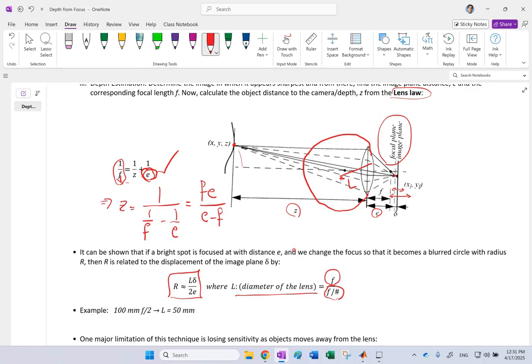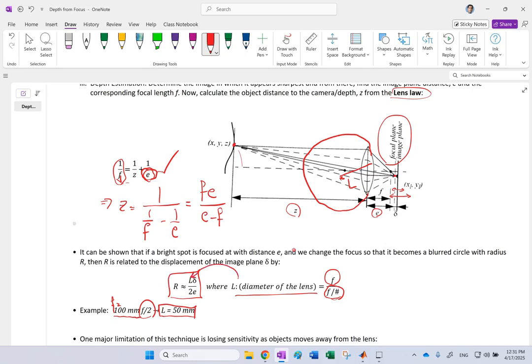So this focal number is something that comes with any lens. And if you have that and the focal length, you divide, you get L. For instance, say this lens is a 100 mil lens with f of 100 mil and with the focal number 2. What does it mean? It means divide 100 by 2, the actual diameter of the lens is 50. So you can find L.